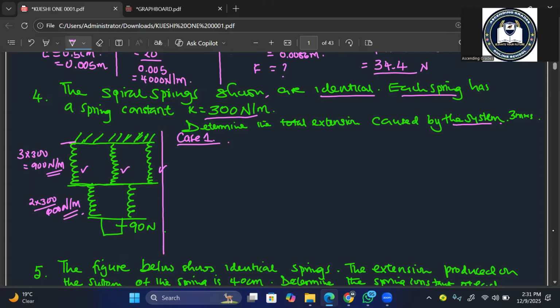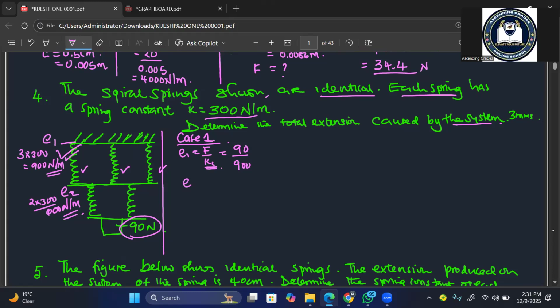Now we can find E1 at the top and E2 at the bottom. So E1 will be given by force over Kc combined, that is the spring constant combined as shown here. So the force acting is 90 divided by 900.